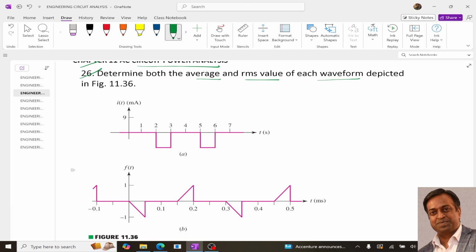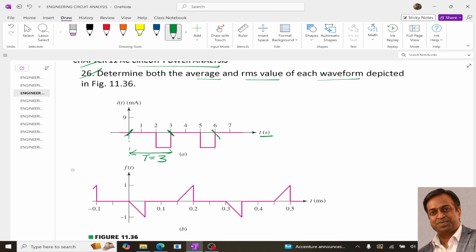If it starts from this point, at 3 it repeats itself. So the time period of this waveform is 3 seconds, because after 3 seconds the waveform repeats itself.